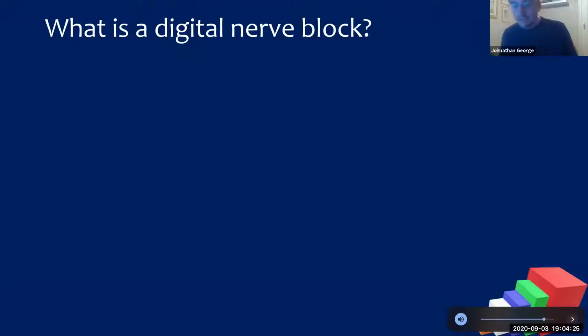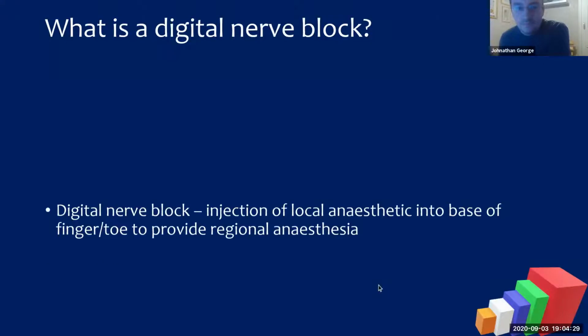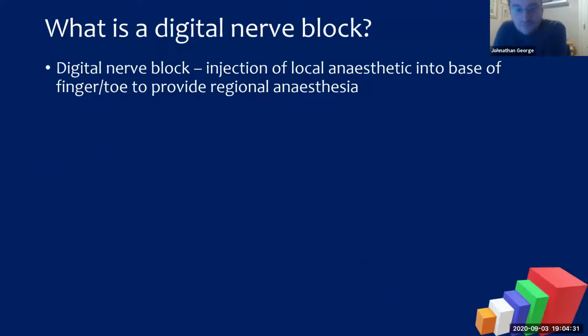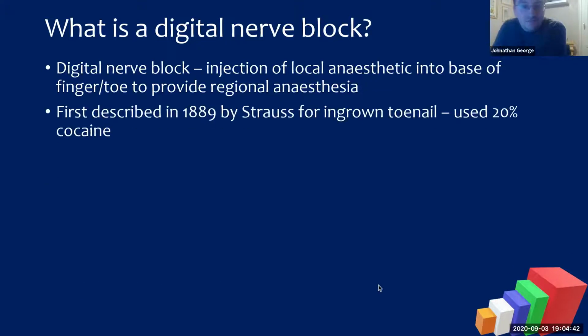Anyone got any ideas? So, a digital nerve block is an injection of local anesthetic into the base of a finger or toe, and it provides regional anesthesia for a patient. A little bit of background history. It was first described in 1889 for use of an ingrown toenail, and they used 20% cocaine injected into the toe. They moved on a little bit, not so much using cocaine anymore.